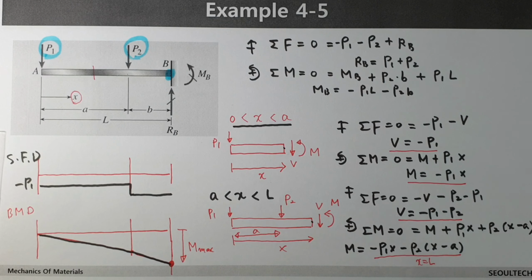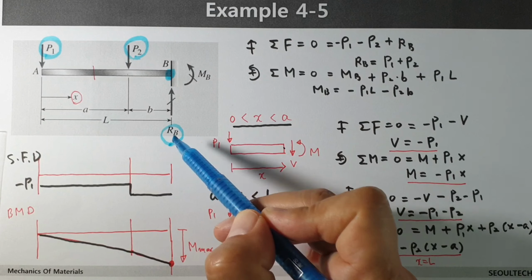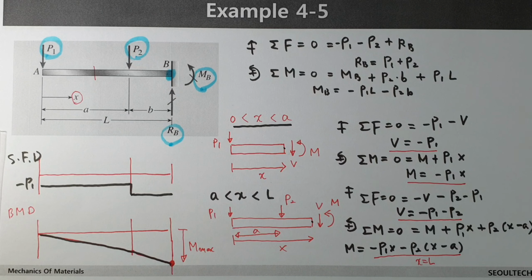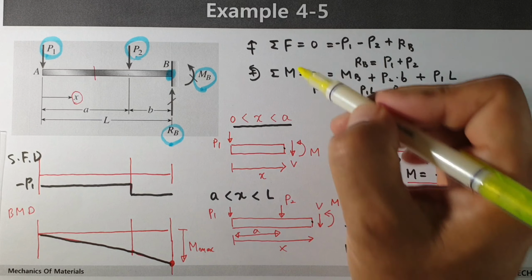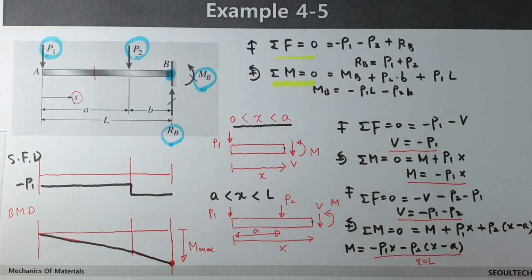In order to find the bending moment and shear force diagram, firstly calculate the reaction values, force and moment, by applying the force and moment equilibrium relationship. Then we can find the reaction moment and reaction force.